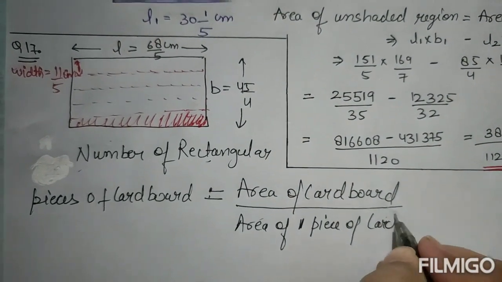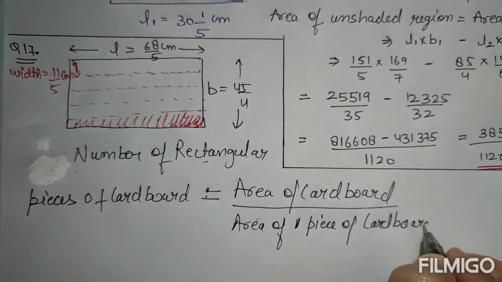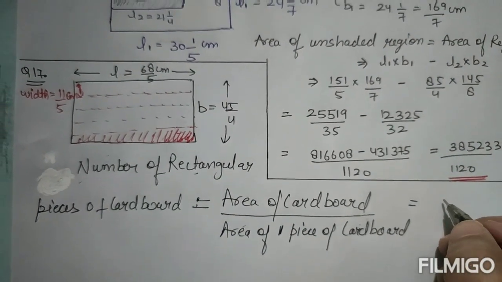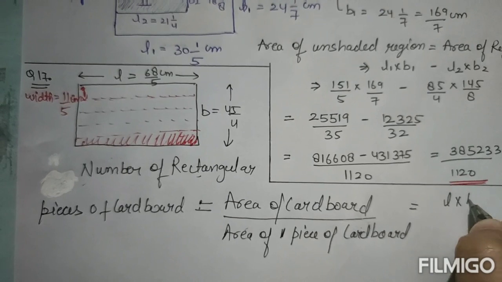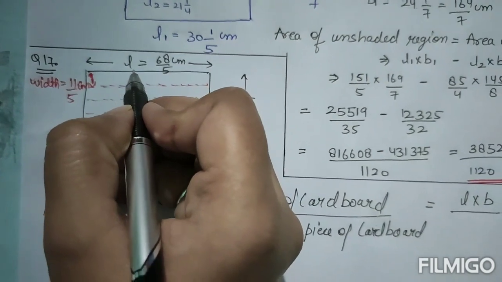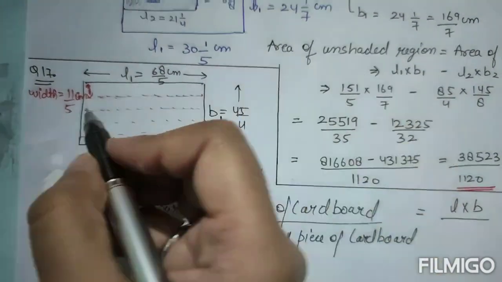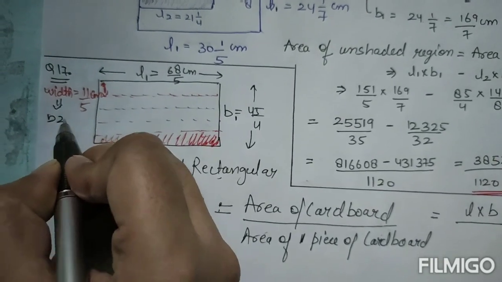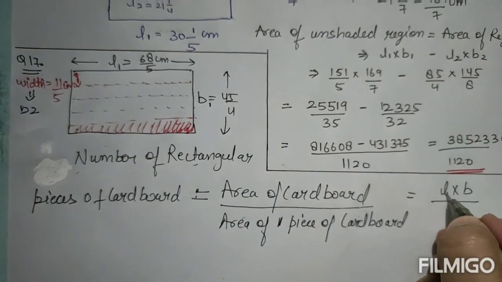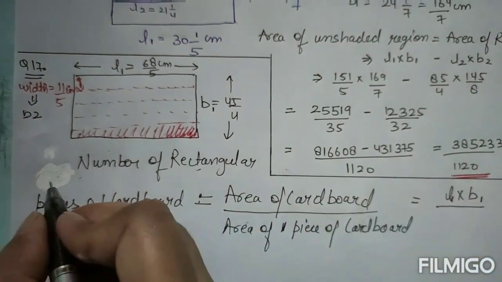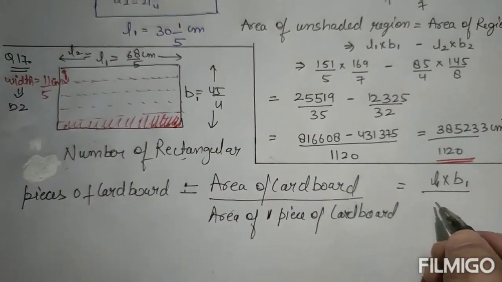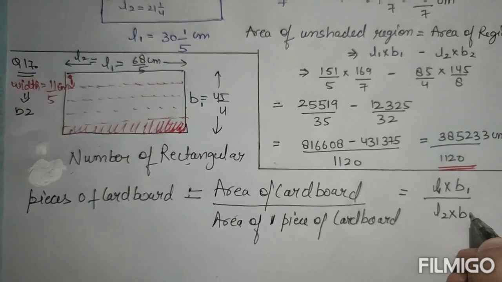Clear? Now you know area of cardboard will be length into breadth, and here also length into breadth. Suppose this is L1 B1, so this will be B2, and L2 is the same as L1. Clear? So L1 B1, and this L1 is also L2. So L2 multiply B2.